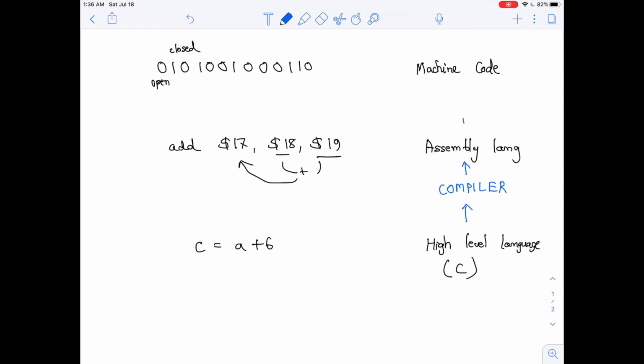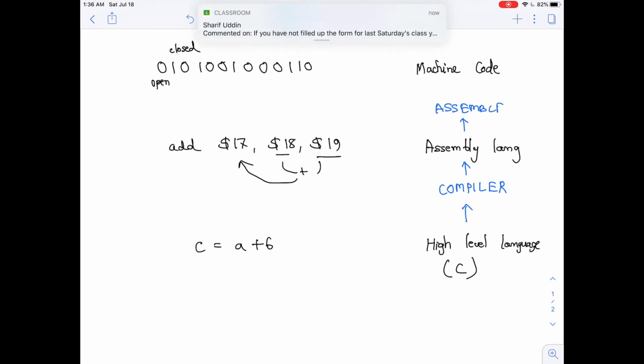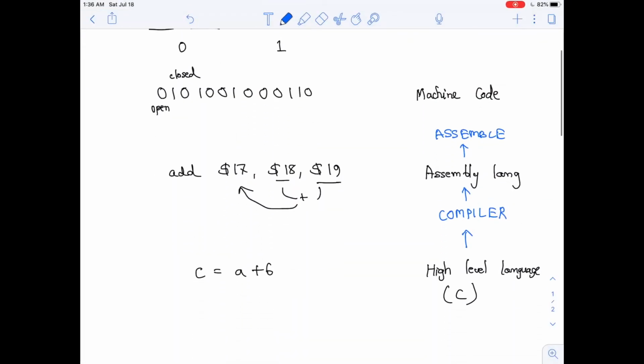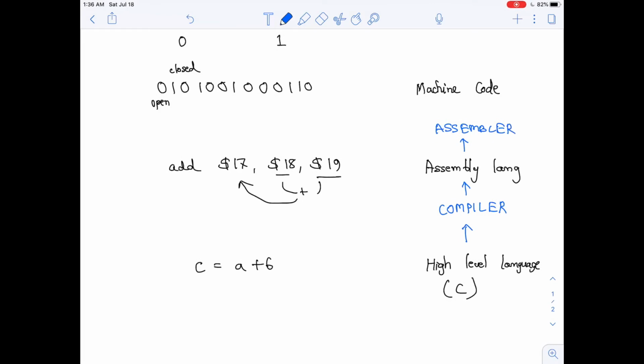So your assembly language is then converted by a program known as an assembler to machine code, and this is what your CPU is capable of understanding, right? We talked about this in the last lecture.